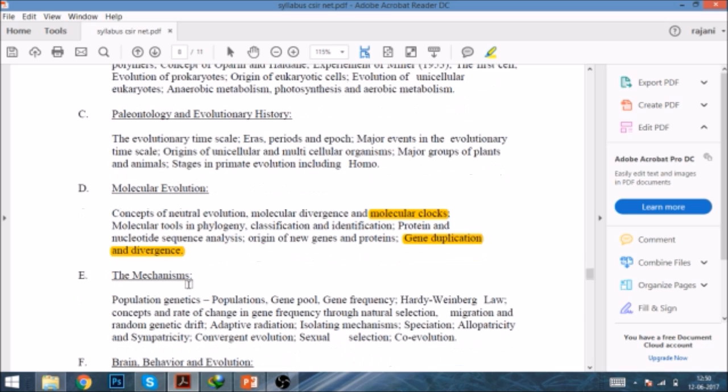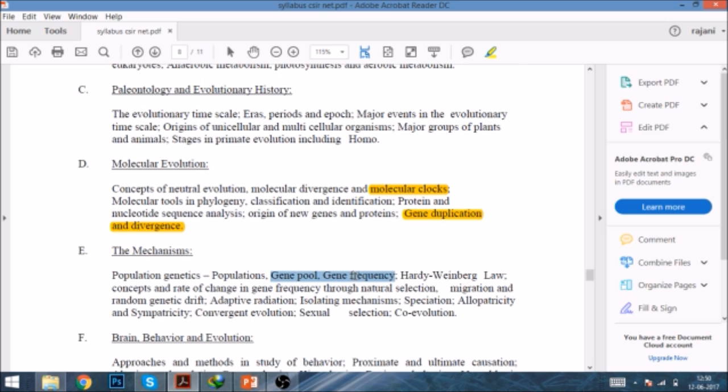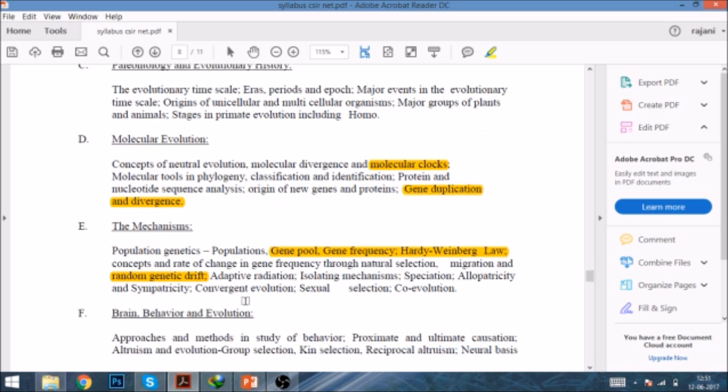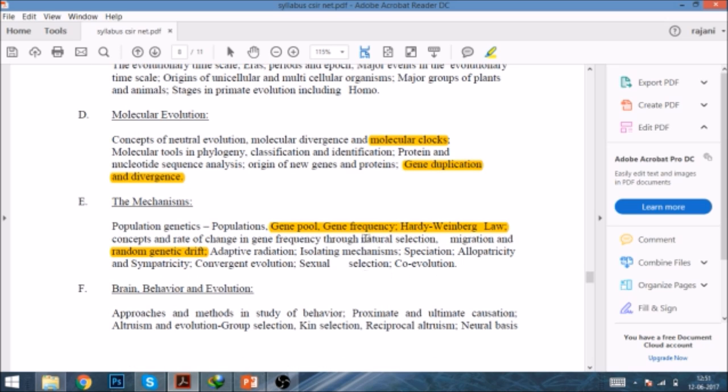The mechanisms: gene pool, gene frequency, Hardy-Weinberg. One question must be there from the Hardy-Weinberg law, so don't miss the Hardy-Weinberg law. It's quite simple, and this is just based on the formula. Random genetic drift: very interesting topics, and also very easy to attempt, and it will never score negative marking, especially the numerical based questions.